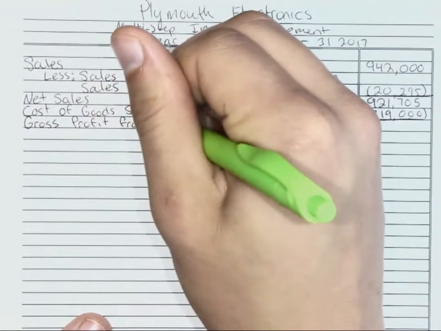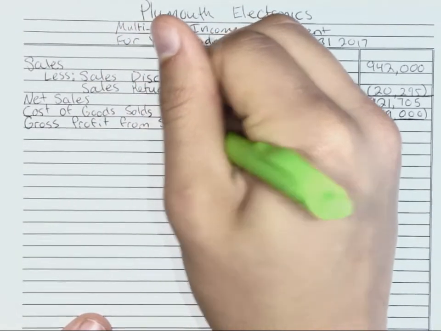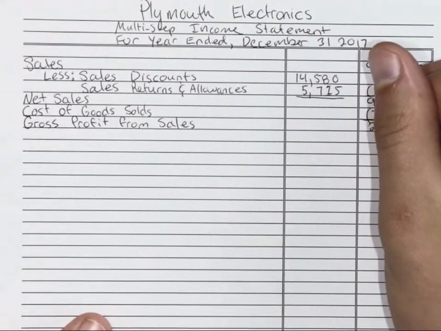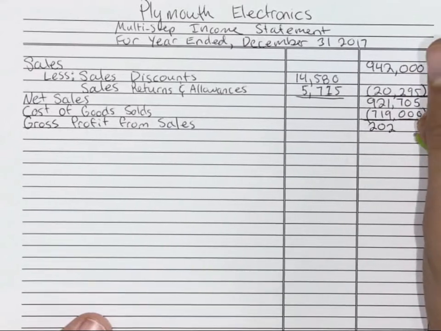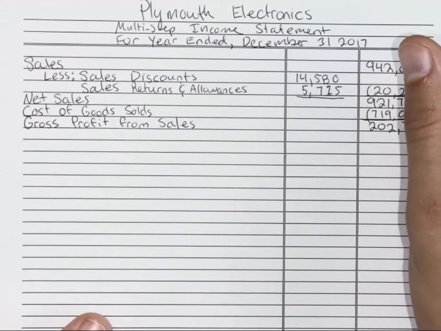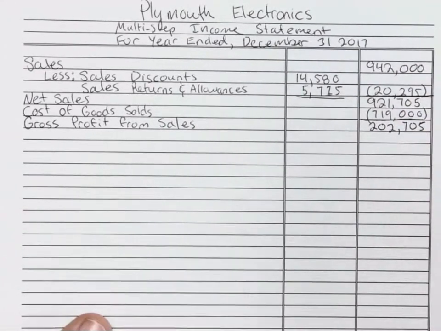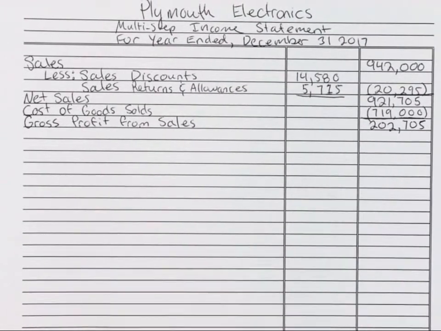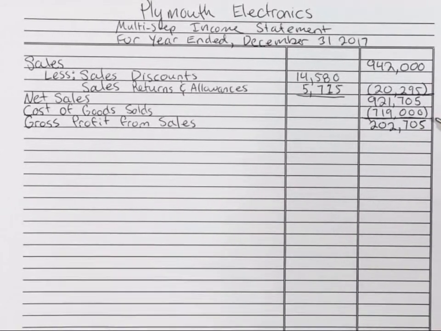Either one is fine. So we can take our net sales, we less our cost of goods, and we get our gross profit from sales.